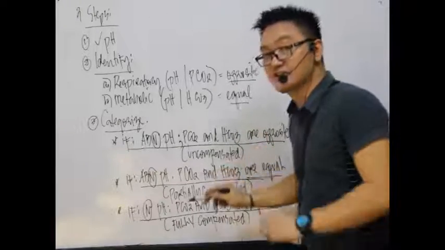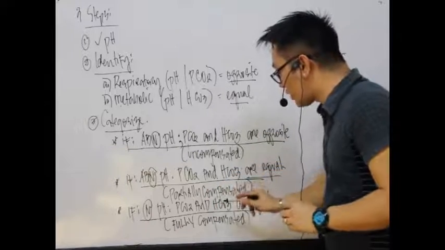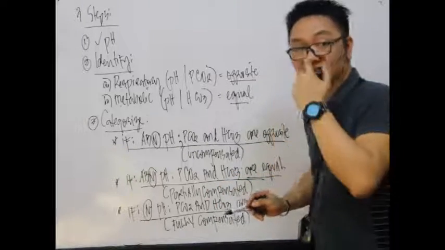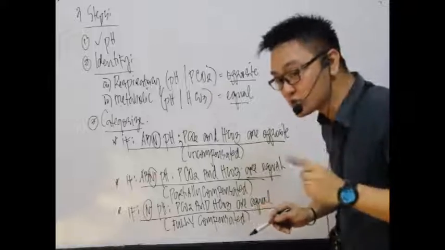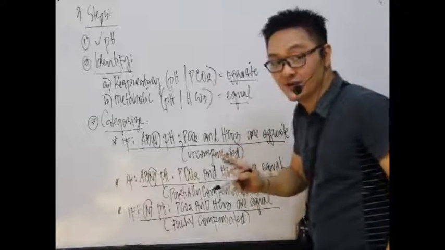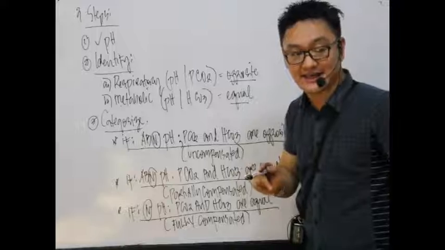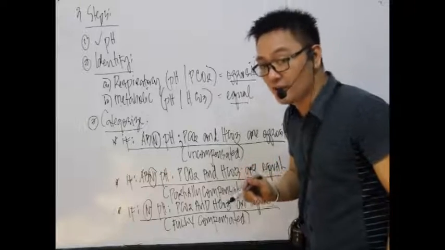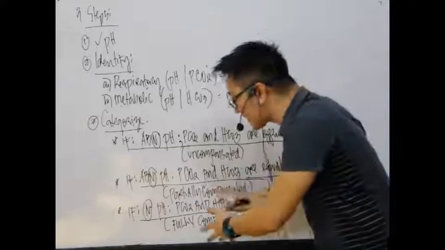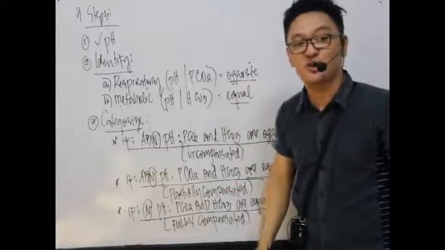But if the pH is normal, and the PCO2 and bicarb are equal, it's fully compensated. In short, never answer fully compensated if the pH is not normal. That is why we call it fully compensated, because the pH normalizes.